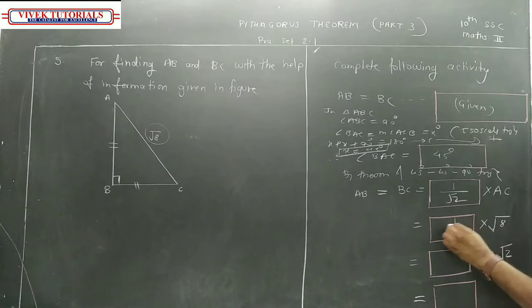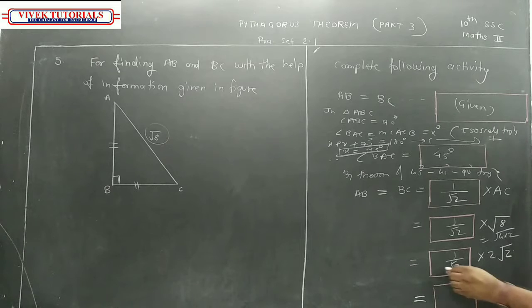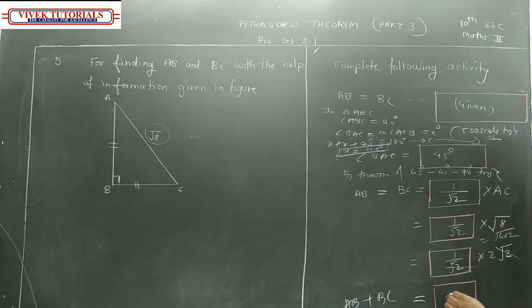That is 1 upon root 2 times of what? 8. That is nothing but 1 upon root 2 times 8. Here they did 4 into 2. This becomes 2 root 2. These root 2 get cancelled. So AB is equal to BC is equal to 4 units. This is the way we are going to do this sum.